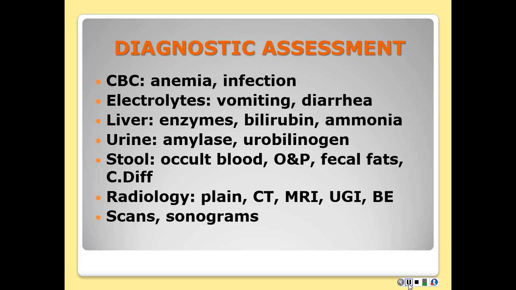Diagnostic assessment of the GI system. We can do labs, we can do x-rays, we can do scans, we do blood tests, stool tests, urine tests, all that fun stuff. CBC is going to be your basic test, your starting off test. We're looking for anemia and we're looking for infections.